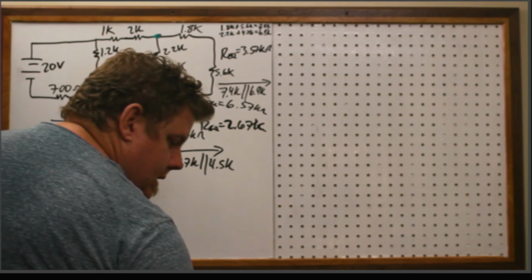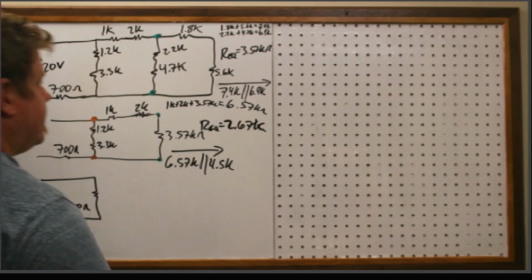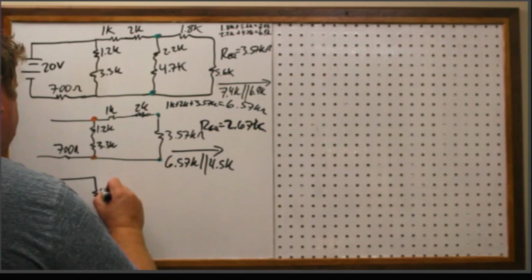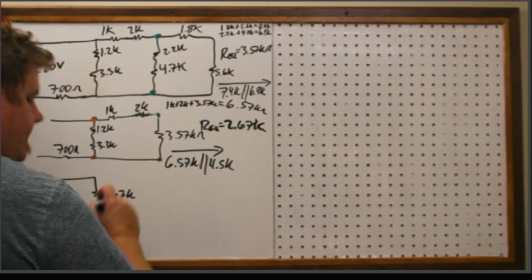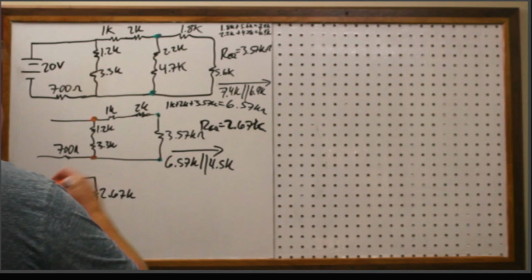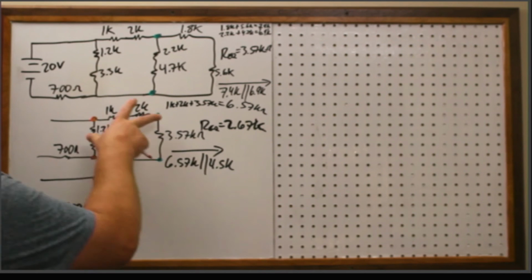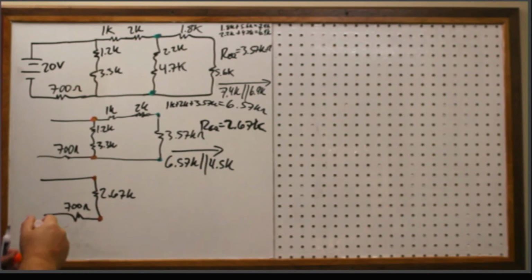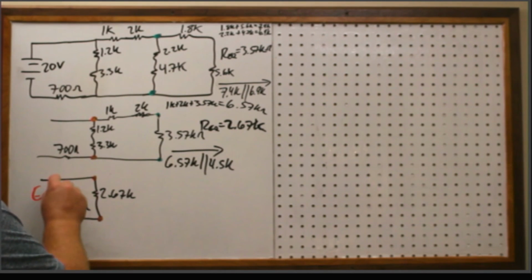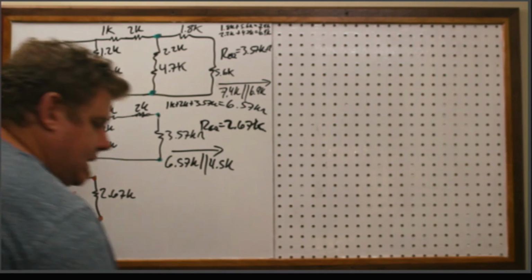All right. So now I'm going to replace that and redraw it again. And that one turned out, what did we say it was? We said it was 2.67. Okay. And again, this is where it comes from. We take all of that and replace it with a single resistor. Okay, so now I am at an equivalent series circuit.